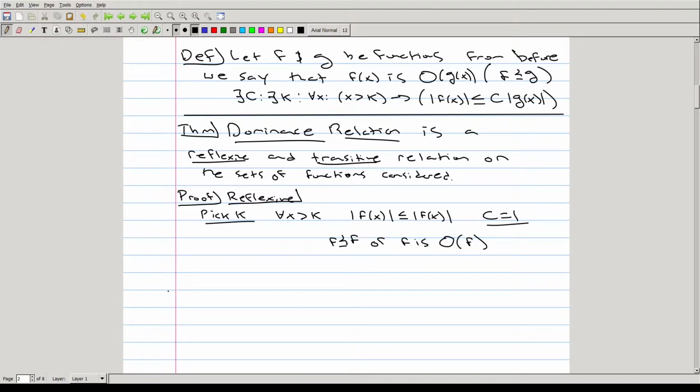For the transitivity property, we have to be a little bit more specific and do a little bit more work.